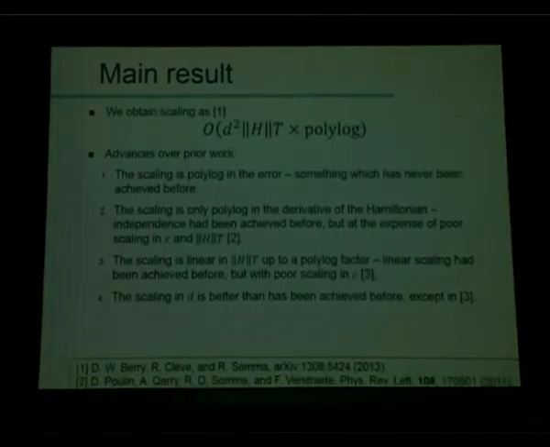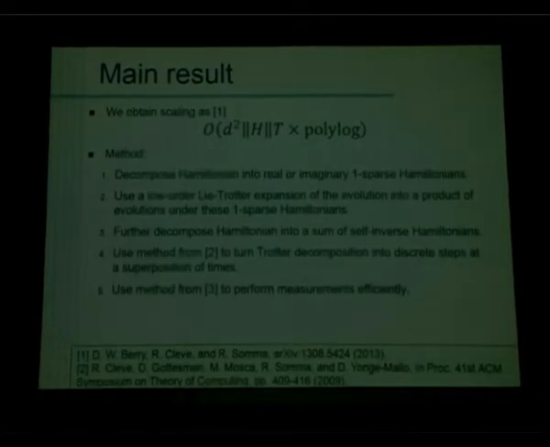So as I was saying before, the big advantage here is we're getting this polylog scaling in the error, and we are also getting a polylog scaling in the derivative of the Hamiltonian, which is better than everything else except for one alternative approach which had poorer scaling in the other quantities. And we also have some good scaling in the norm of h and t, but I don't really have time to go into that.